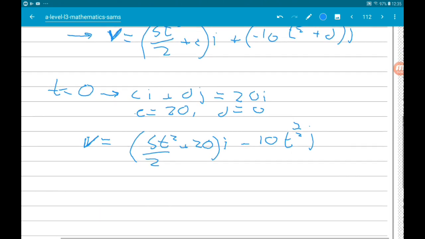So t equals 4 gives us that v is equal to, okay, so 4 to the power 2 is 16, 5 times 16 is 80, divided by 2 is 40, so we get 60i, and then we get minus, okay, so 4 to the power 3/2 is the square root of 64, which is 8. 10 times that is 80, so we get minus 80j.